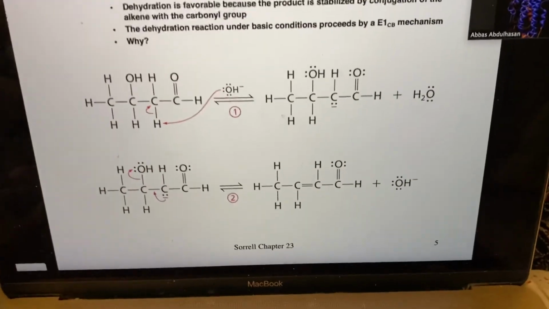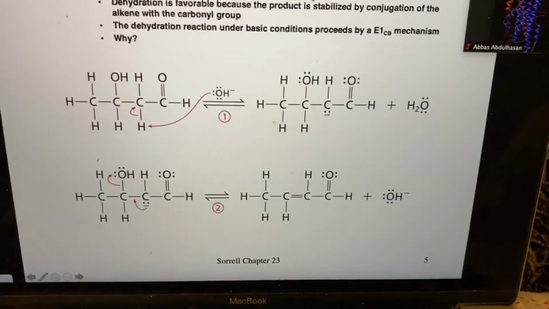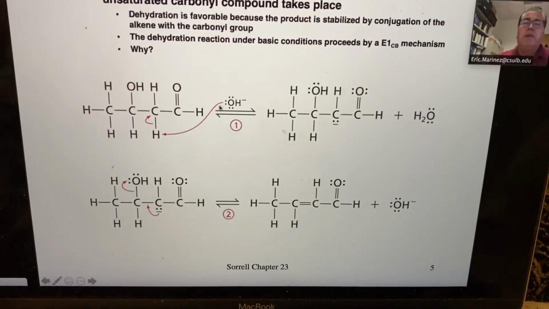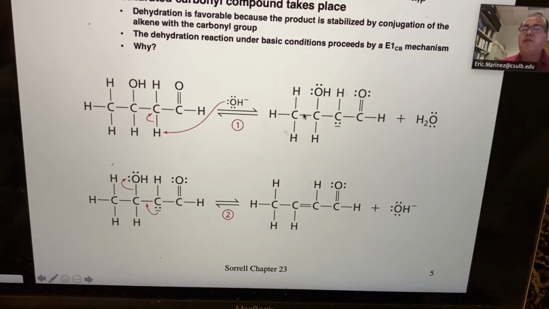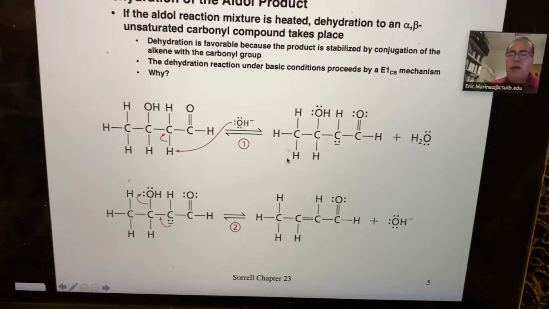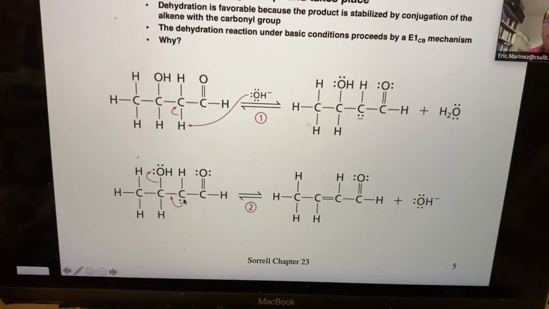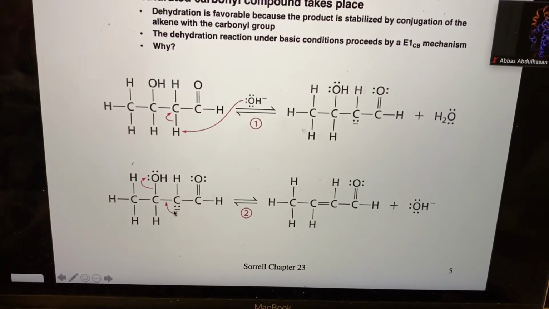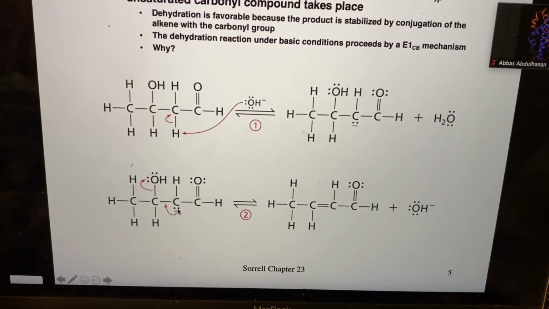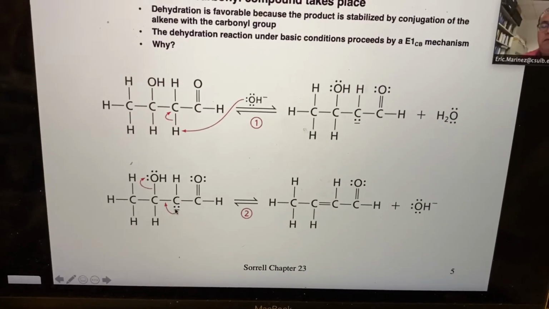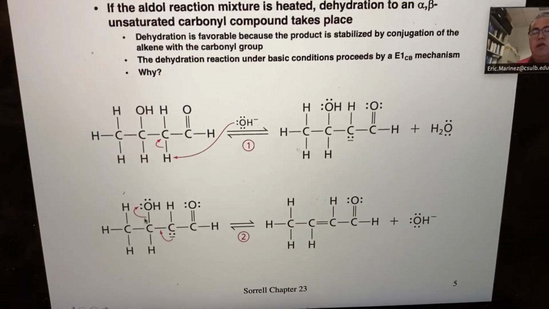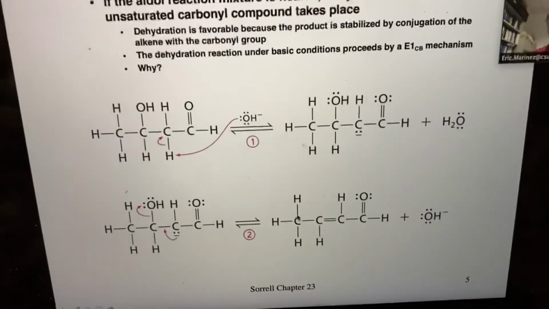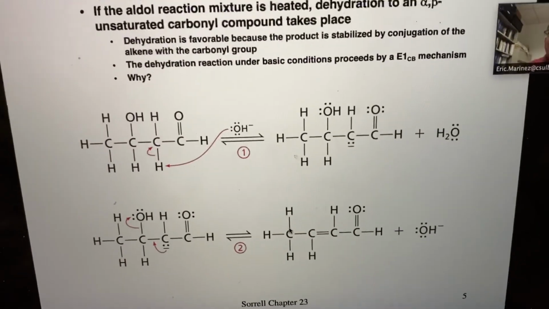By resonance, right? So the bottom line is, in order to dehydrate this, I'm going to form the enolate here. And then once I form the enolate, I'm going to have hydroxide become the leaving group. So here I have a double bond being formed with this electron pair being pushed onto here, with this OH group leaving. Okay, this is a new mechanism.